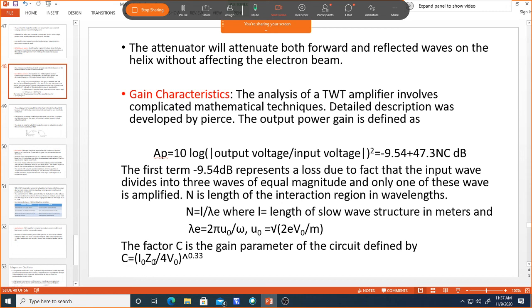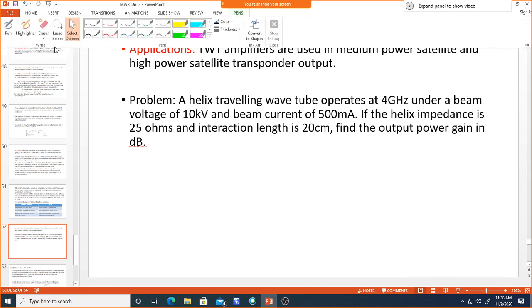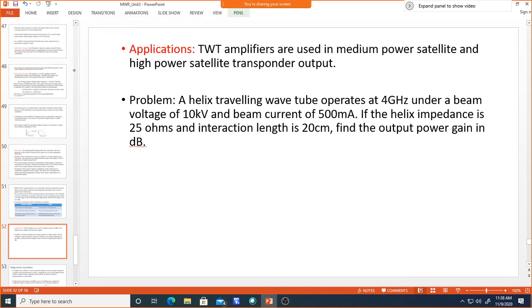Now using the characteristic impedance, current, and voltage, we can calculate the gain parameter of the circuit, C. Now we know N and we know C, we can substitute and calculate the output power gain of the TWT. First calculate N and lambda E. Lambda E is equal to c by f, which is 0.3 giga divided by 4 gigahertz.